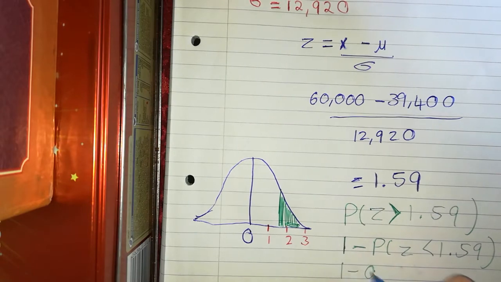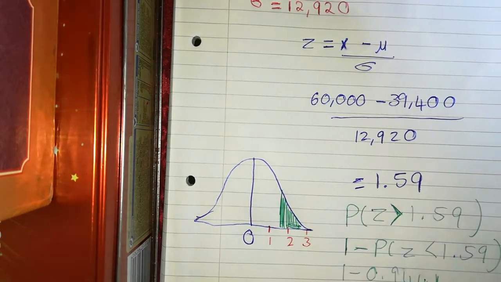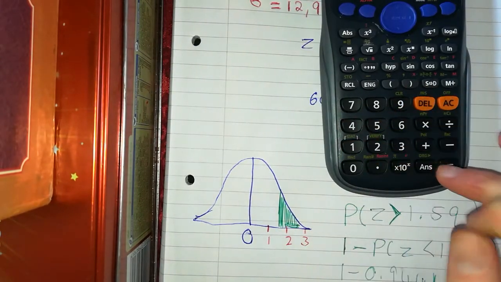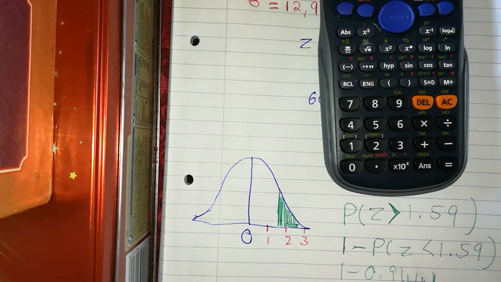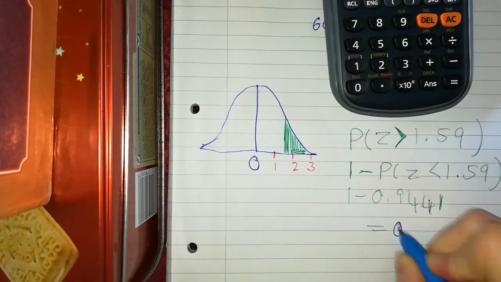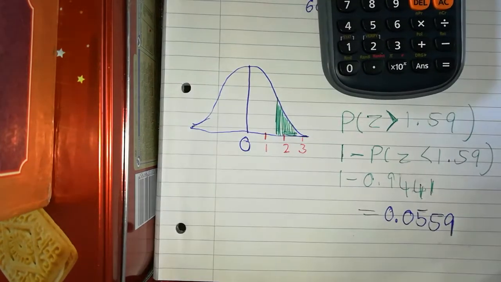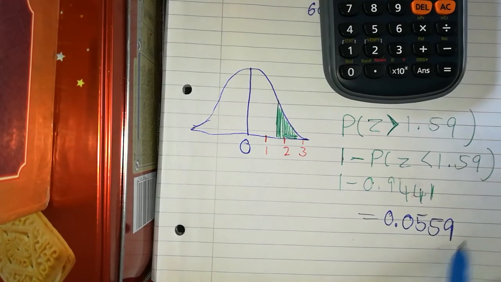So 1 minus 0.9441, and I get an answer of 0.0559. So that's as a decimal.